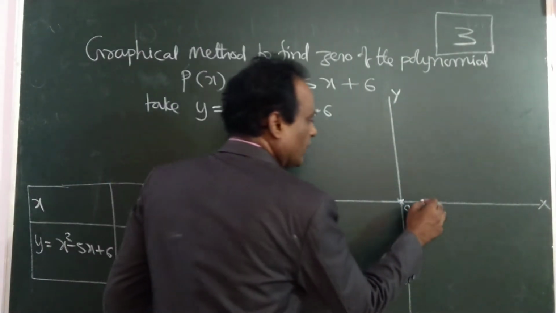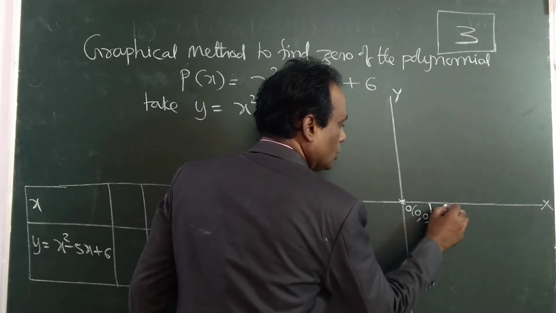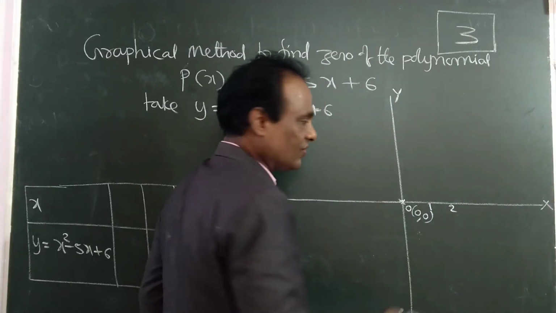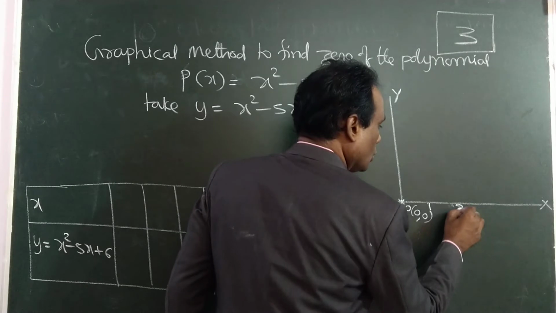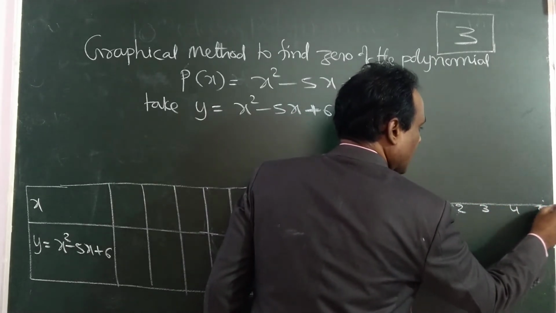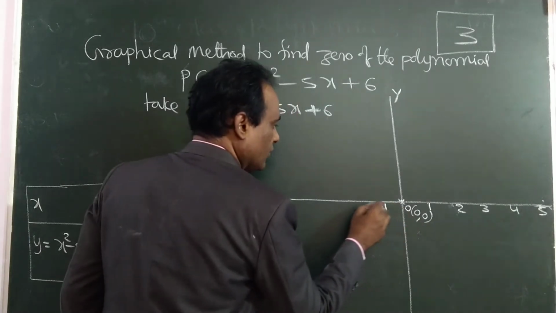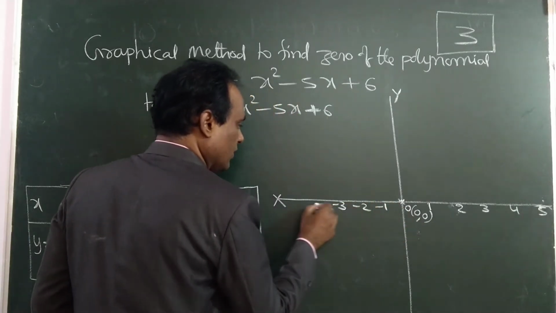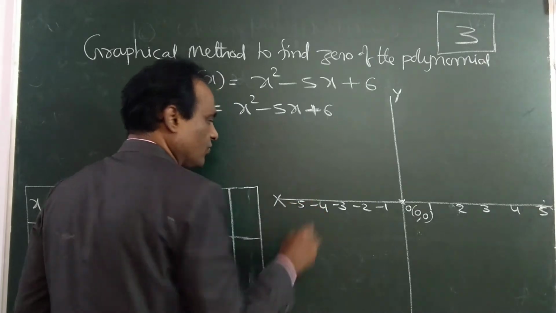So x values we will take like this: 1, 2, 3, 4, 5 on the x-axis, and minus 1, minus 2, minus 3, minus 4, minus 5.